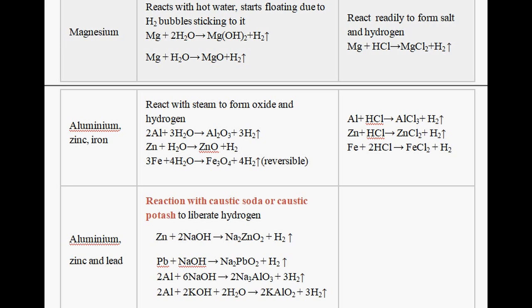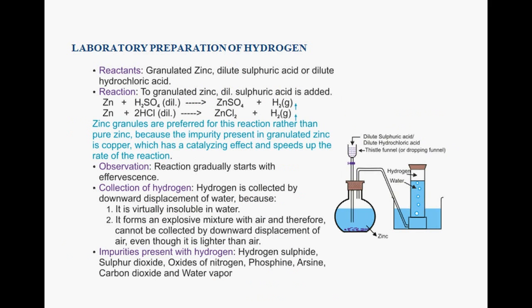Hydrogen is also prepared by the action of some metals with alkalis. Aluminium, zinc and lead can combine with alkalis like sodium hydroxide or potassium hydroxide, forming corresponding salt and liberating hydrogen. If we see here, zinc combines with sodium hydroxide, forms sodium zincate, liberating hydrogen.